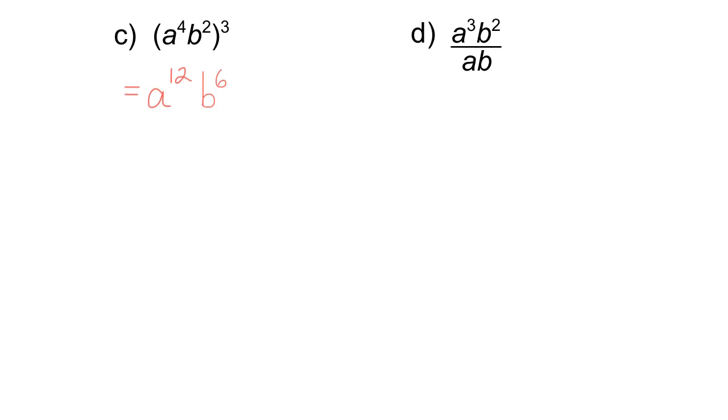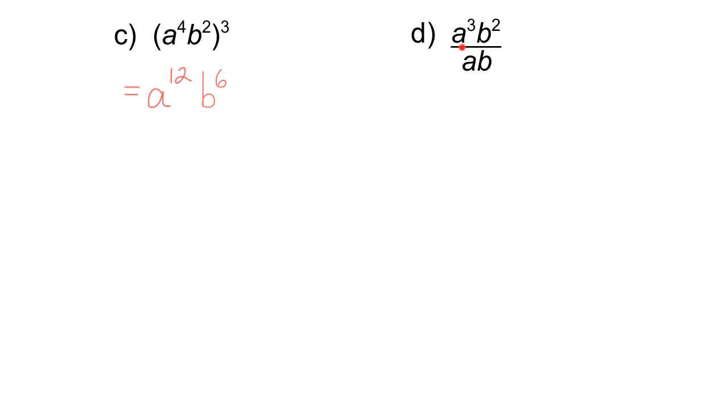For this expression over here, I have a similar issue. I have two different bases, a and b. Our rules only apply to powers with the same base, so let's look at the powers with the same base, a to the exponent 3 divided by a. Remember, if you don't see the exponent, it means there's a 1. So we have a to the exponent 3 divided by a to the exponent 1.